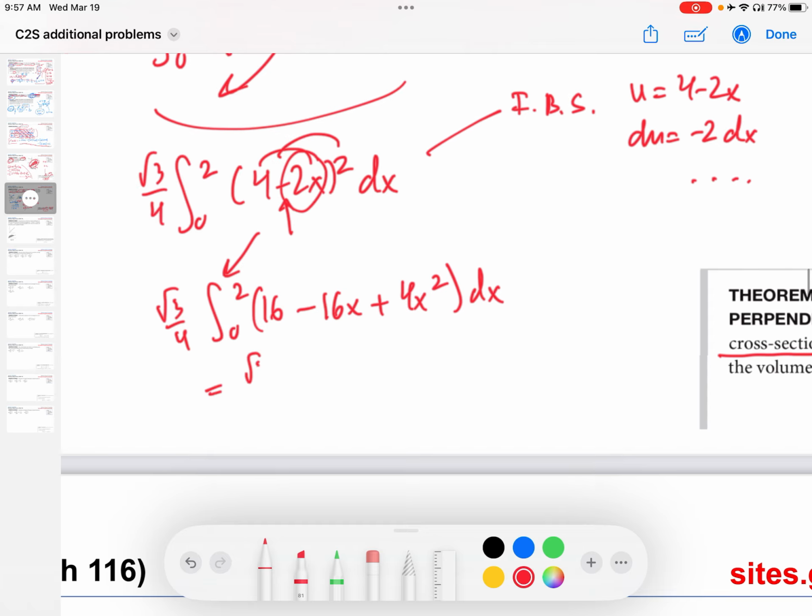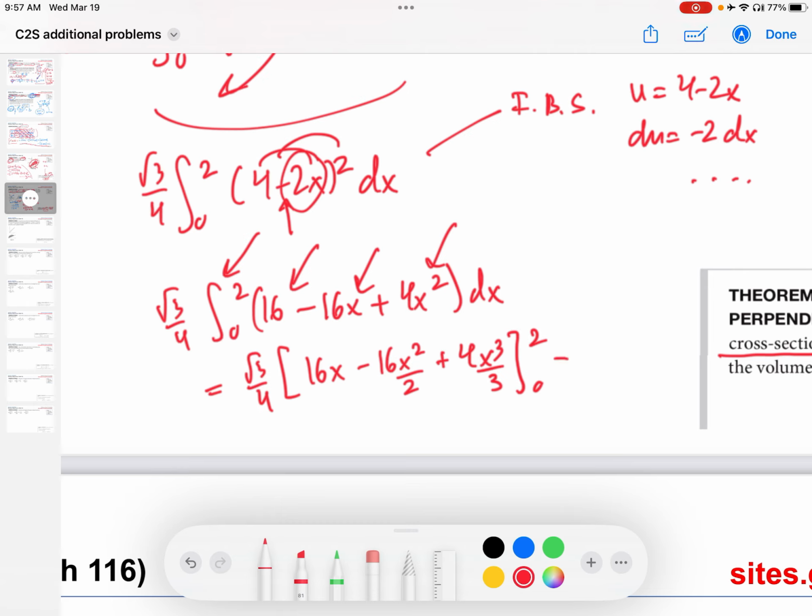And then from here, we would just apply the integral version of the power rule. Antiderivative of 16 is 16x. Antiderivative of that one is add 1 divided by the result. Antiderivative of that one is the same thing, add 1 divided by the result. And then integrate from 0 to 2. So the evaluation theorem eventually gets you to a number, and here is that number.